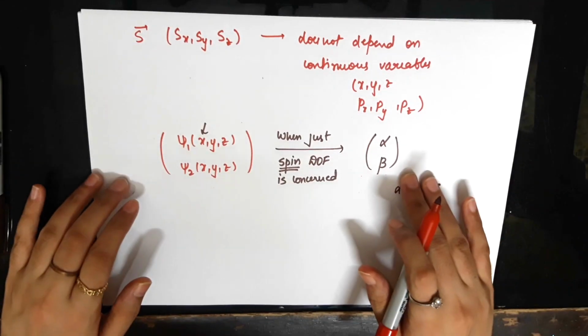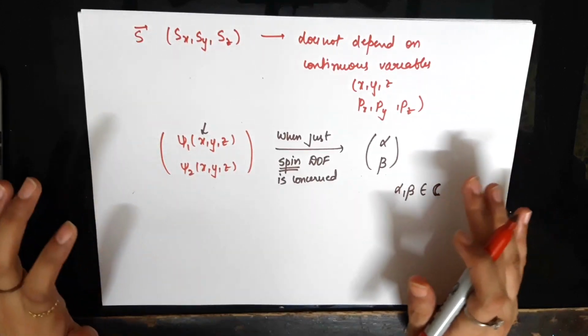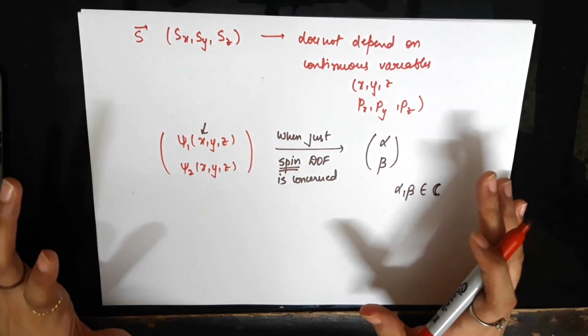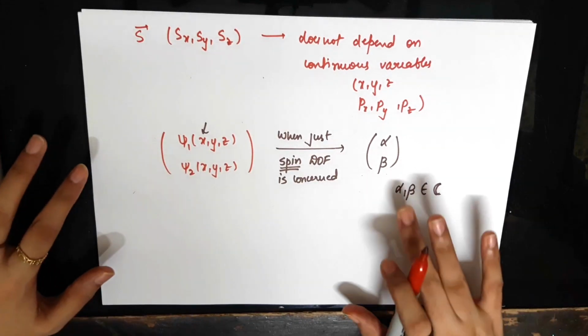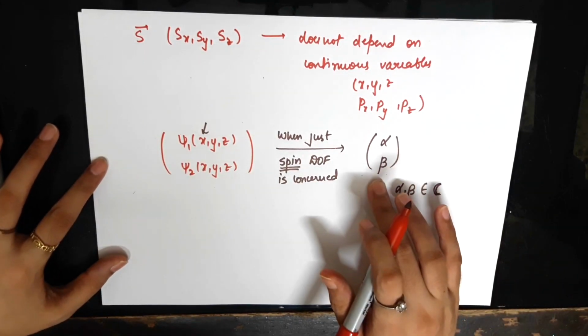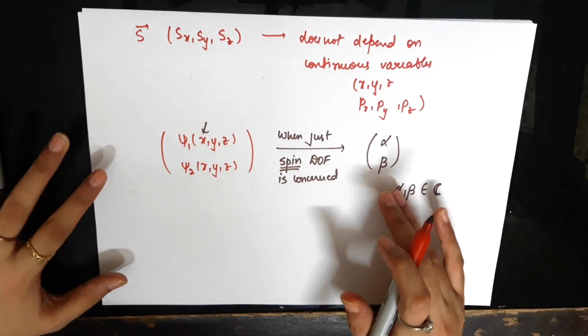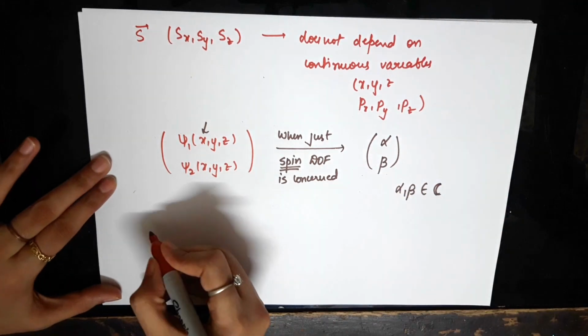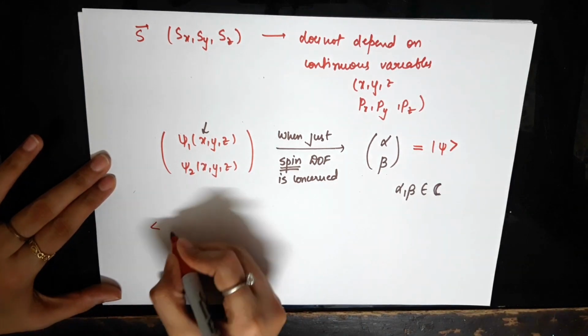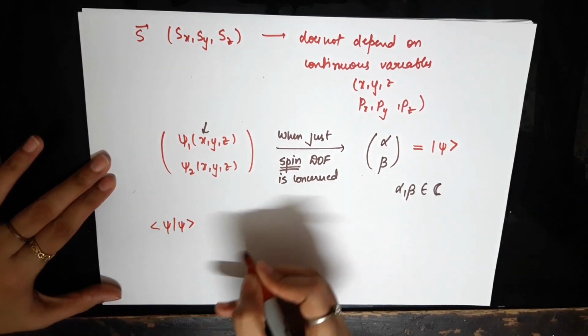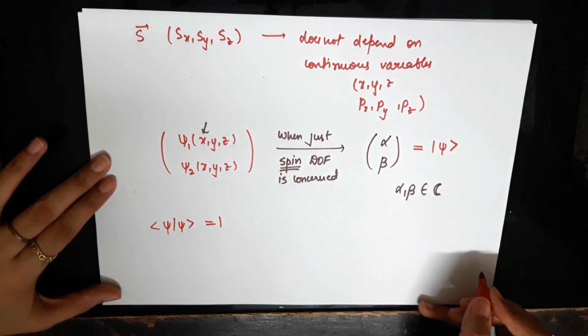And these spinors are constrained by physical probabilistic requirements. Because the probabilities have to sum to 1, these states have to be normalized to unity. So what I mean is that if I call this state psi, then the inner product of psi with itself has to be equal to 1.